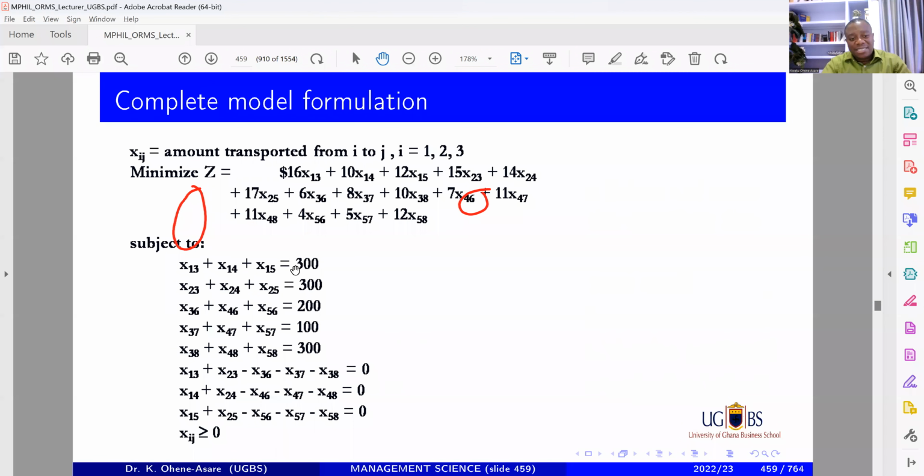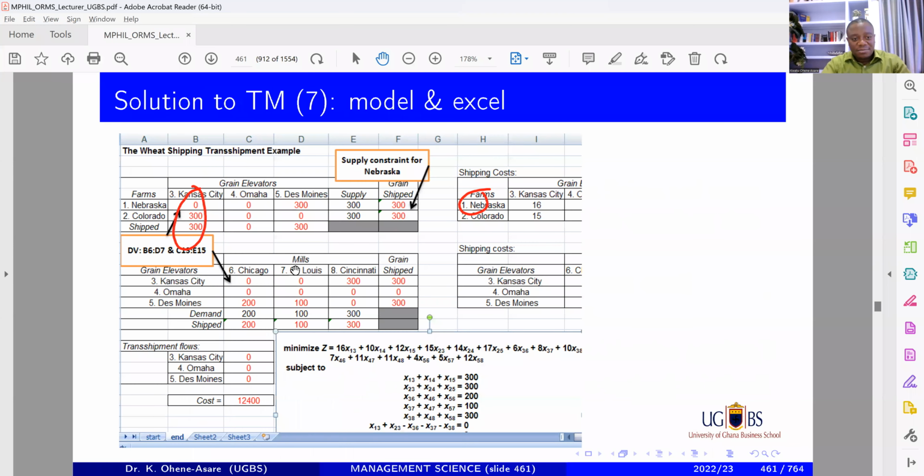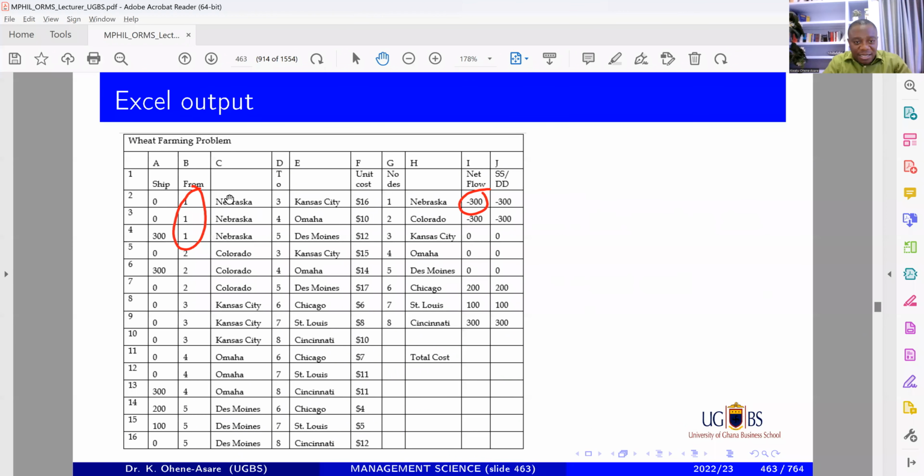So that is from Nebraska to Chicago first. I just need to look for Nebraska to Chicago. Where is that? Where's Chicago? Ah, there you go.